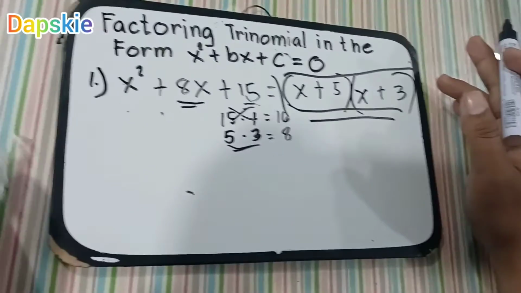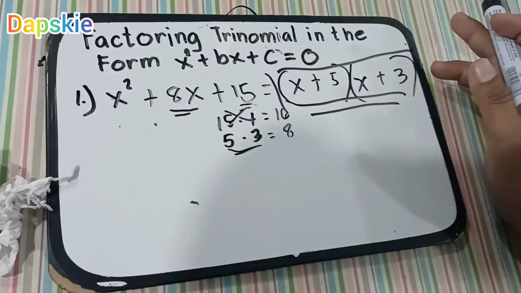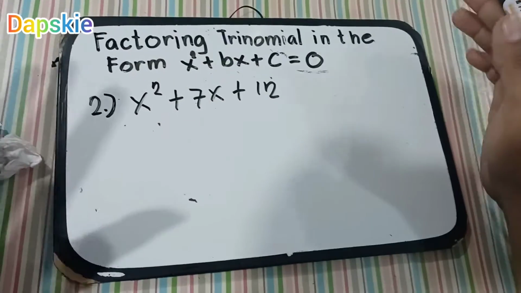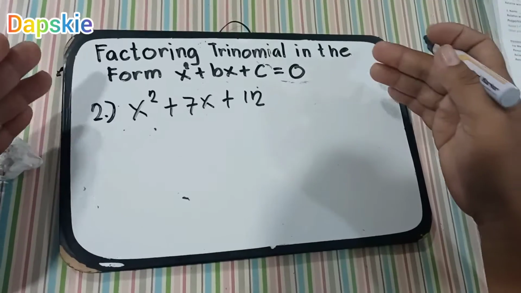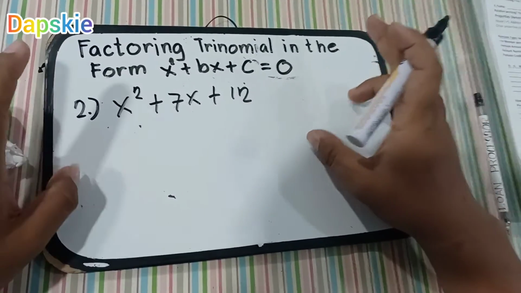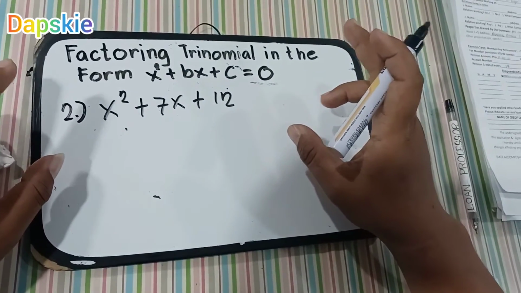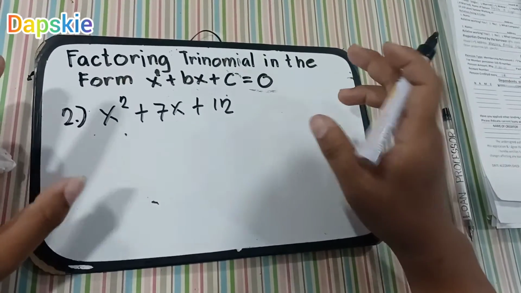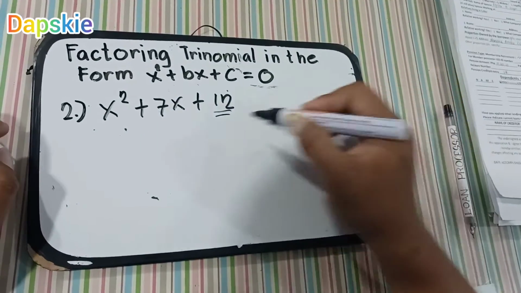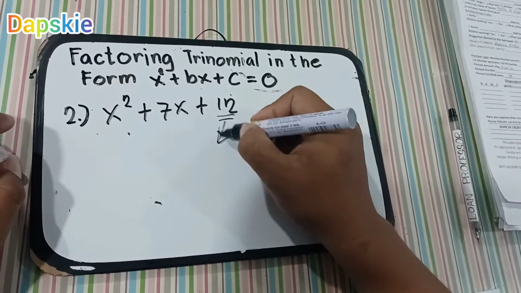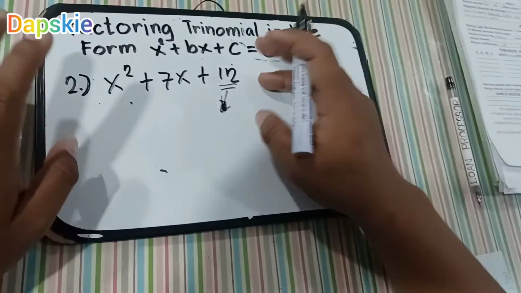Next, we proceed to example number 2. We have another trinomial. As I said a while ago, let's focus on the constant, or the third term. What are the factors of the third term? These are the two numbers that we multiply to get 12.